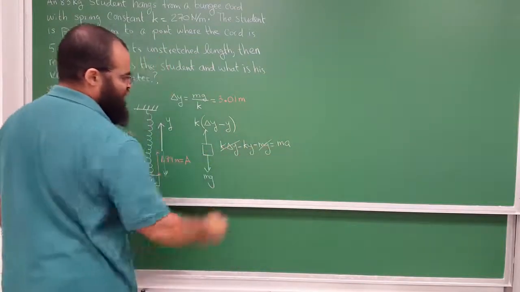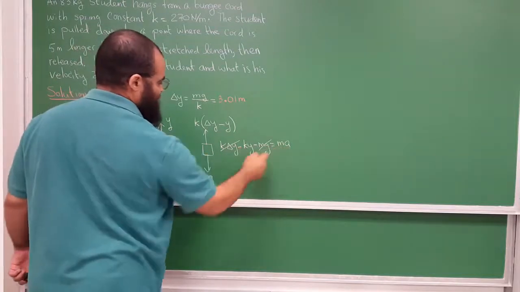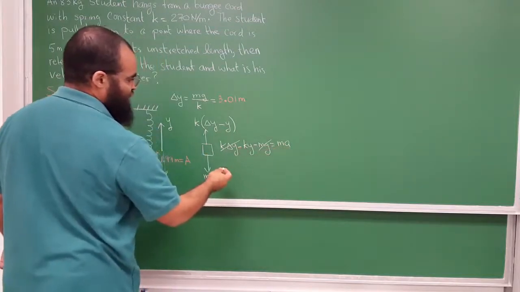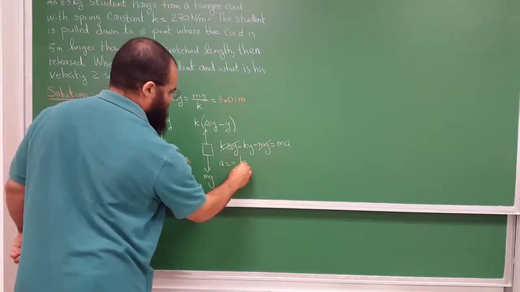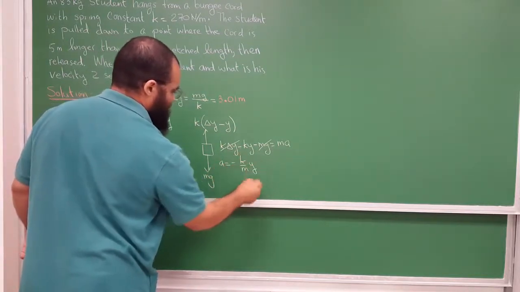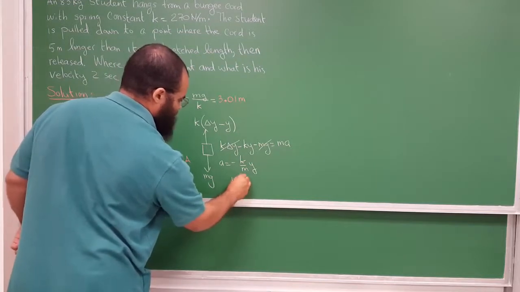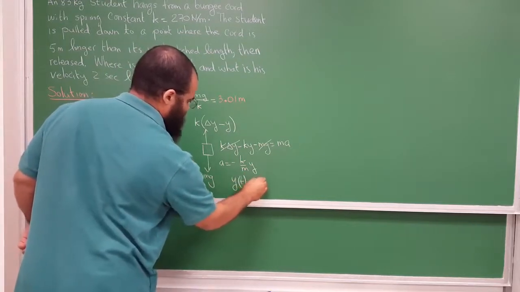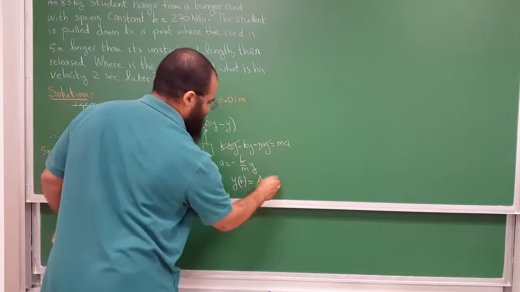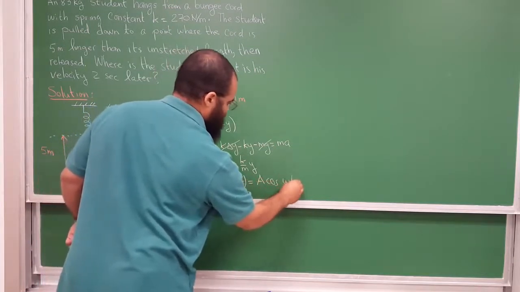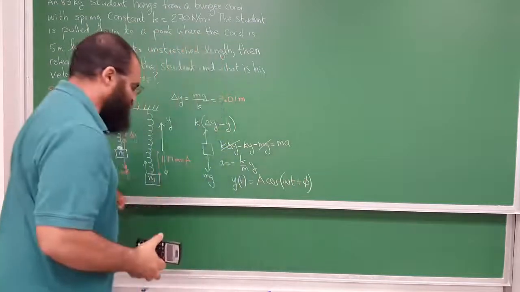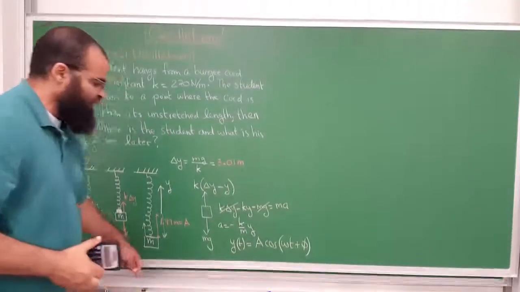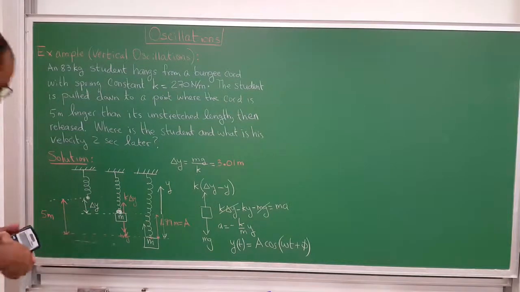You just cancel, and you get minus ky equals ma, so the acceleration is negative k over m times y. Therefore this will be simple harmonic motion, and y of t will be A times the cosine of omega t plus phi. That's phi. Let's figure out what phi is for our problem and what the amplitude is.